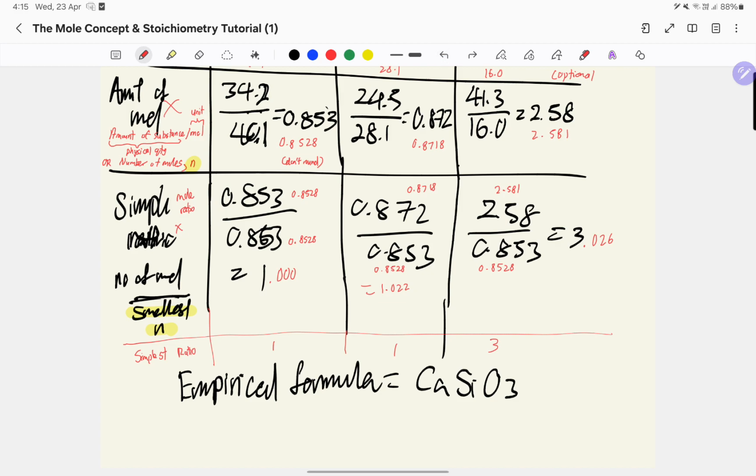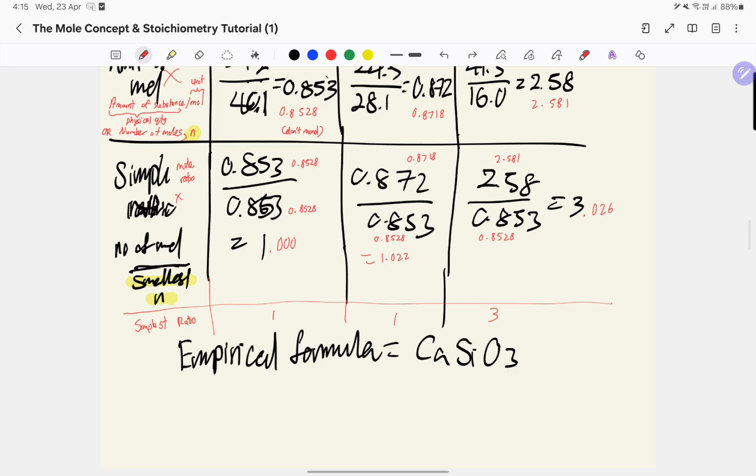And then it's not simplest ratio yet, it's mole ratio, because from mole ratio to simplest ratio there's one more step you need to take. If the mole ratio is given as a fraction such as 1.5, or 1.20, or 1.25, as you can see these are not close to any whole number, it is actually a fraction.